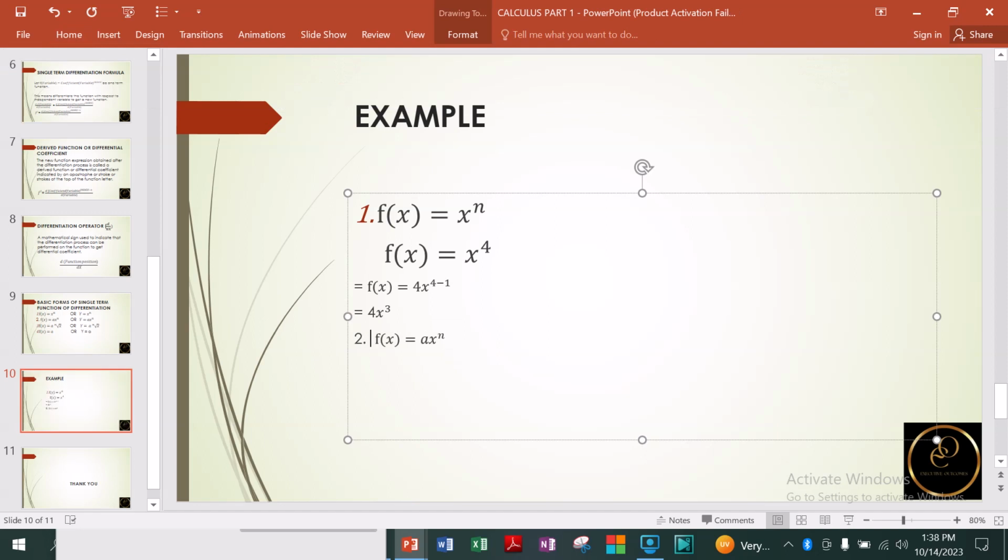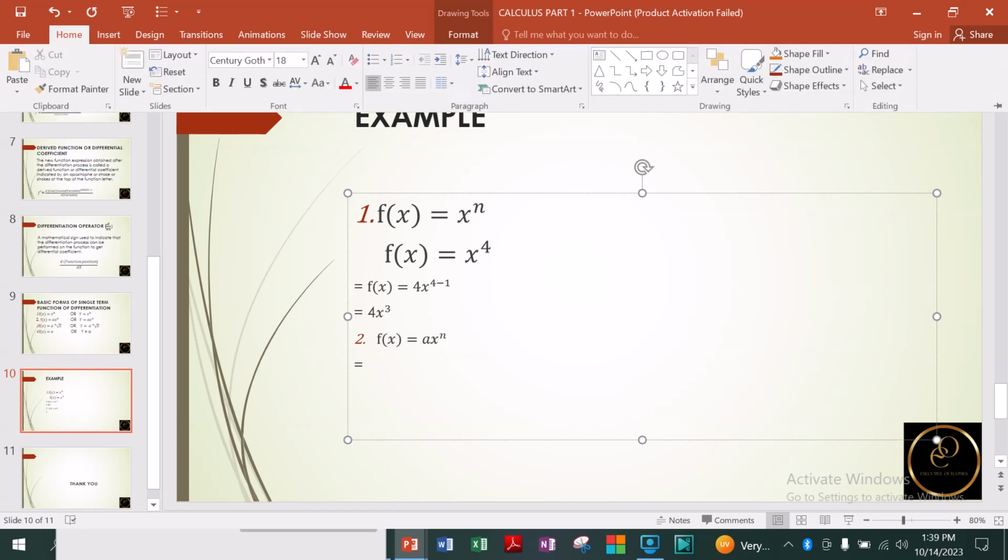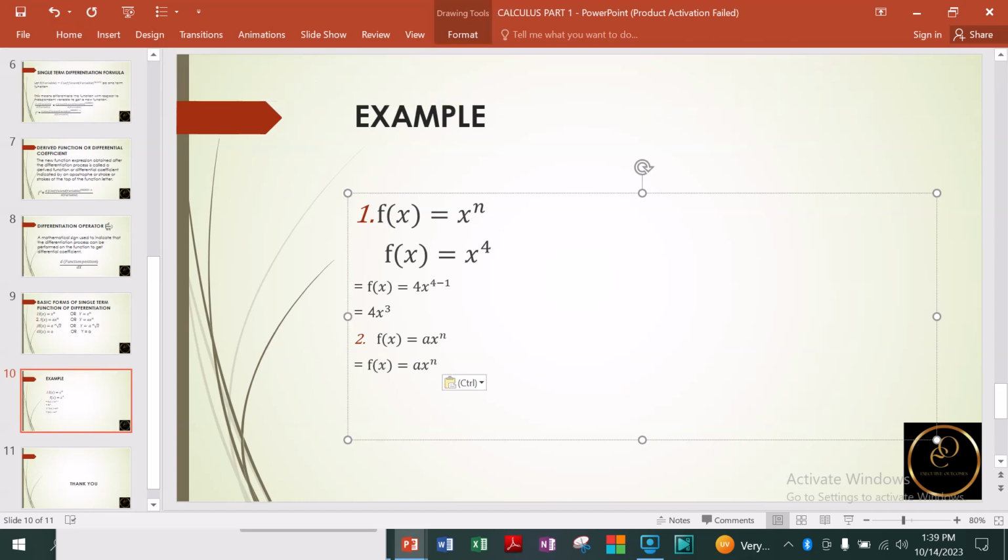Let's say that this example has something of this nature.